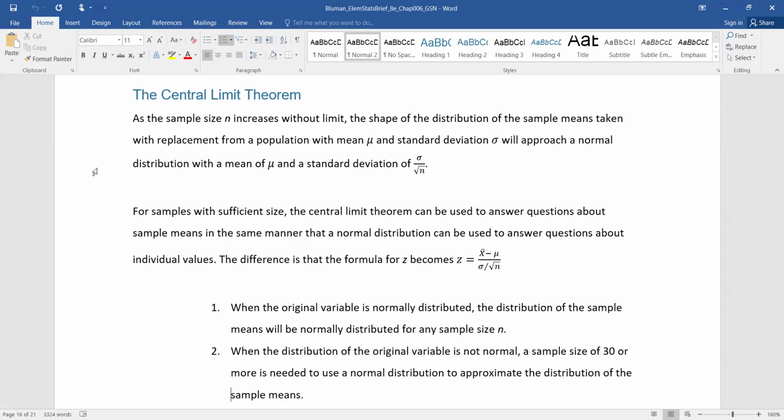So for samples of sufficient size, the central limit theorem can be used to answer questions about sample means in the same manner that a normal distribution can be used to answer questions about individual values.